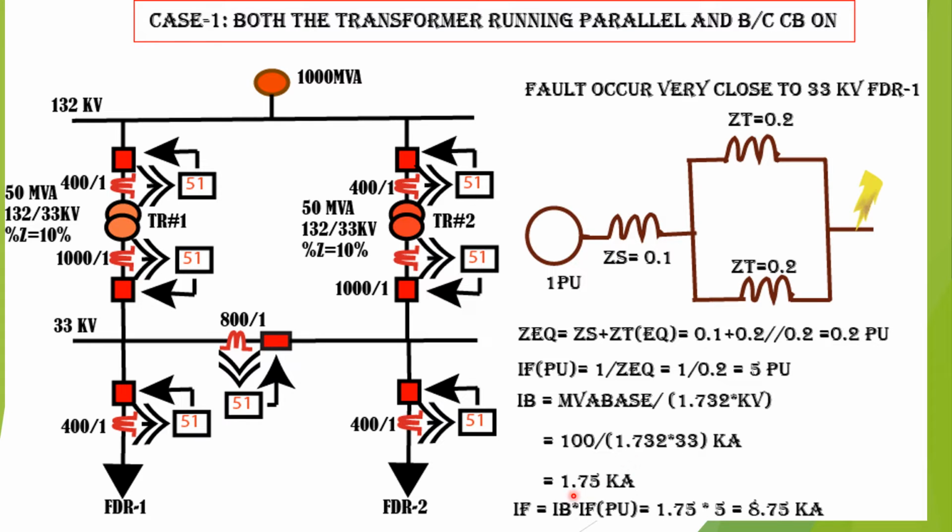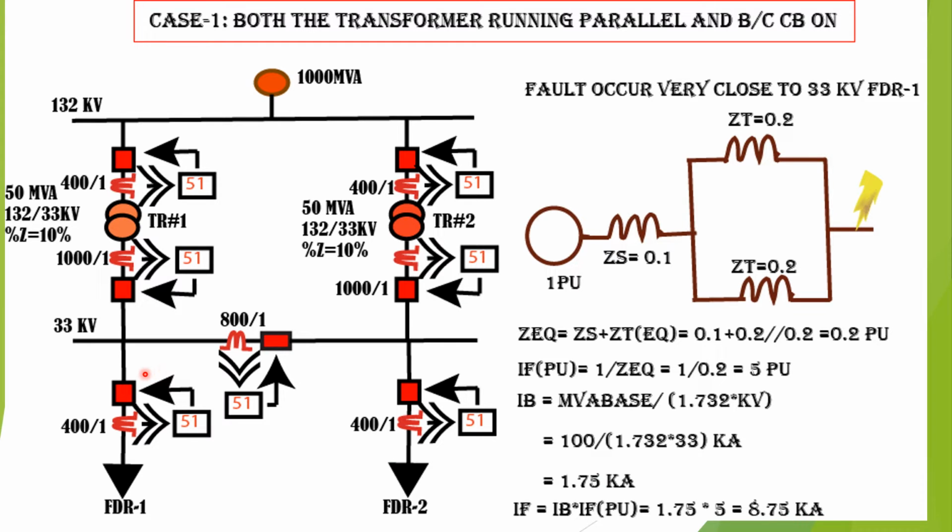So which comes as 1.75 kiloampere. And fault current at the 33 kV system is the per unit value of the fault current into base current. So here the per unit value of the fault current is 5 per unit and base current is 1.75 kiloampere. So fault current comes as 8.75 kiloampere.